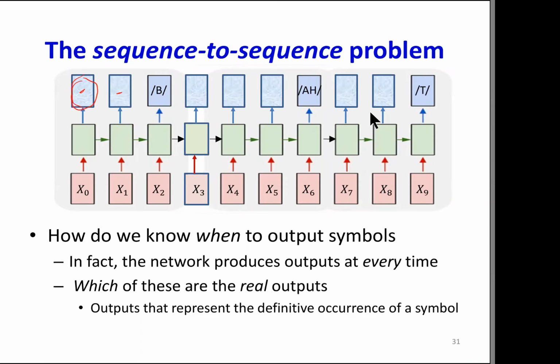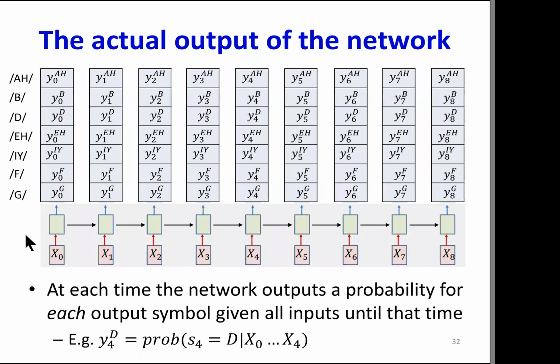And so at each time, the output is going to be probability of R, probability of B, and so on, right? Because this is a softmax and it produces an output distribution. And so now, when I have a sequence of inputs, at each time, the network is actually producing an entire probability distribution over all phonemes.